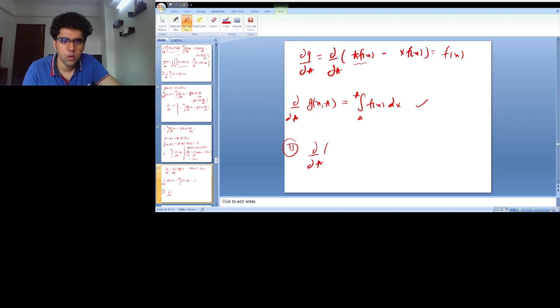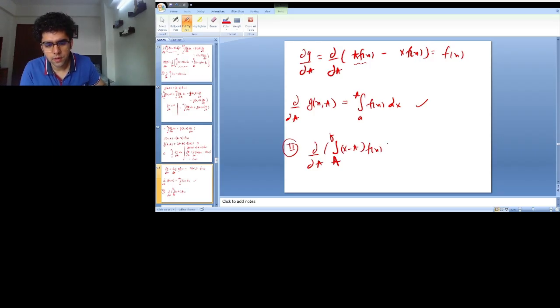So the second expression that I need to find was the integral from capital A to small b of (x minus a) f(x) dx, right? Now let me assume this second function, (x minus a) f(x), as h(x, a).